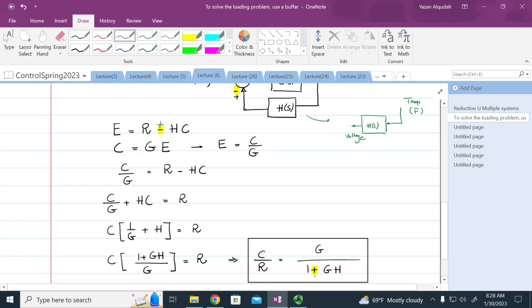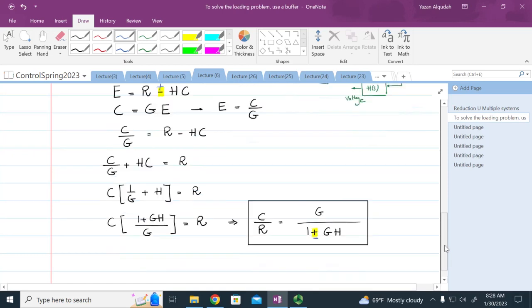A negative. Make sense? Following the same development. Most of the time, we're going to see this as a negative sign. So therefore, it's going to be G divided by 1 plus G multiplied by H.